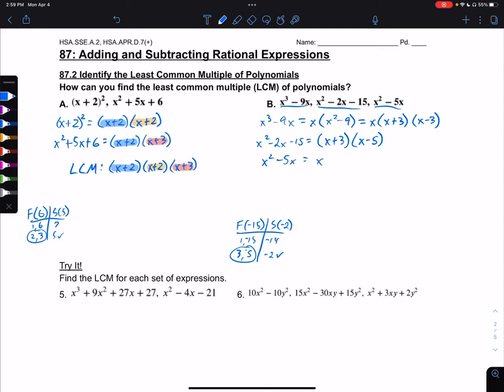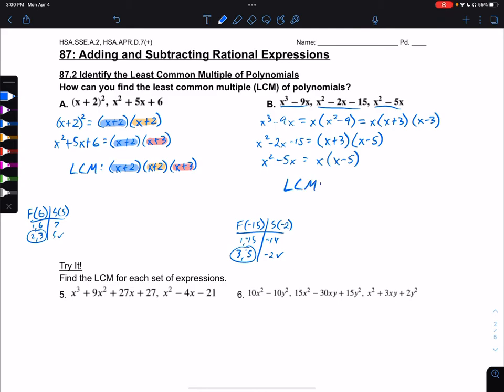Common factor is x, and I'm left with (x - 5). Okay, so each of those pieces has now been factored. This is what you would do if you were dealing with fractions, which again, I keep mentioning it, but in the next example, the next video, we're going to be adding fractions or rational expressions that have unlike denominators. So we'll need to match them up.